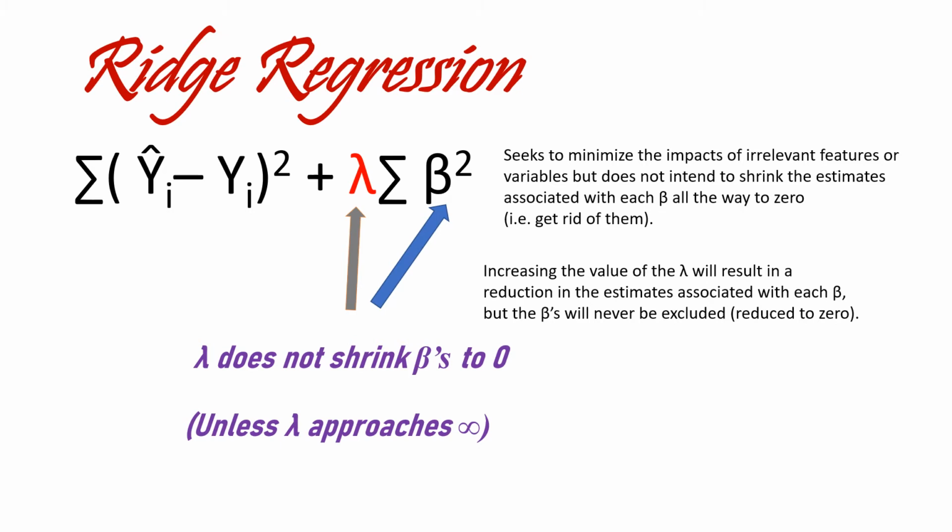Increasing the value of the lambda will result in a reduction in the estimates associated with each beta, but the betas will never be excluded or reduced to zero.